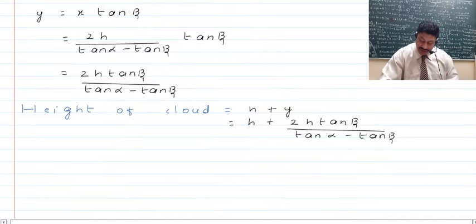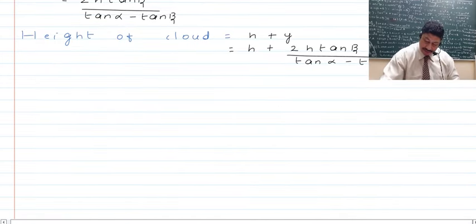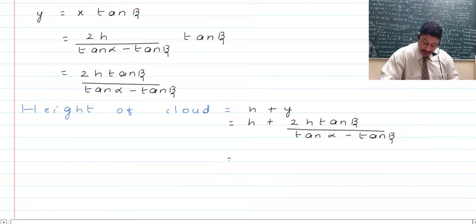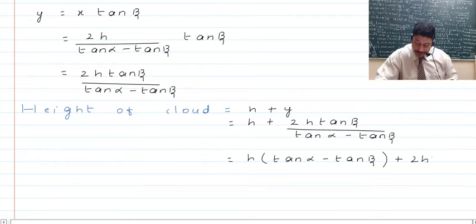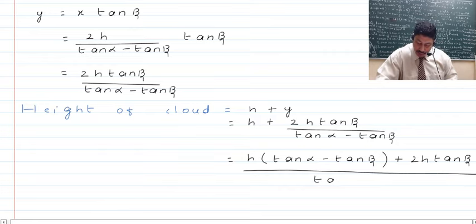So for the children, if we calculate this, this is going to become equal to h times tan alpha minus tan beta, right, plus 2h tan beta, right, divided by tan alpha minus tan beta, right?